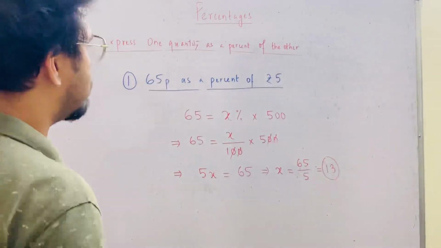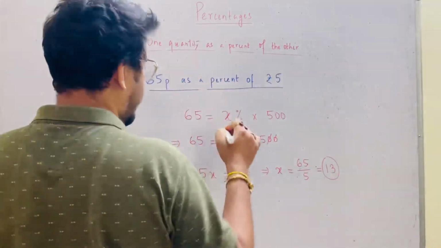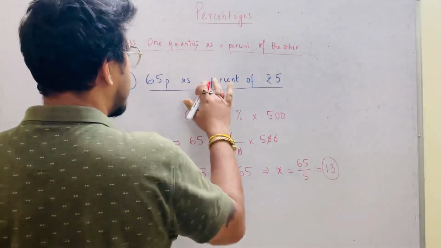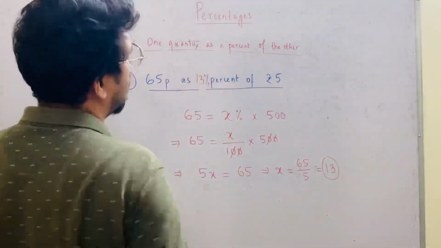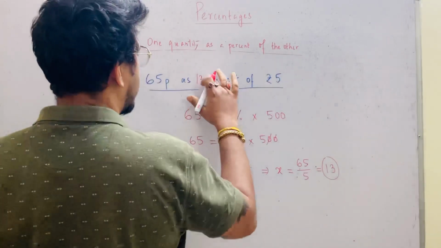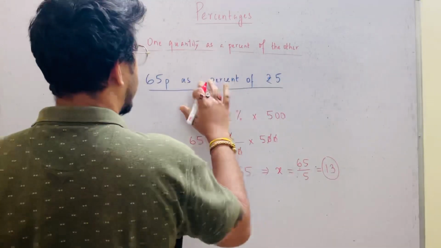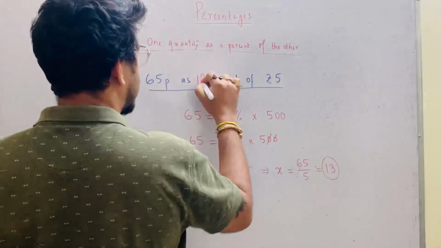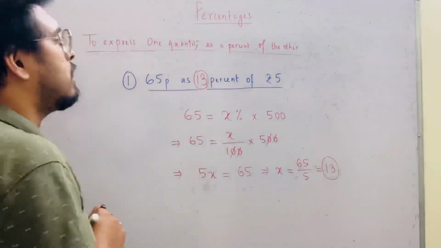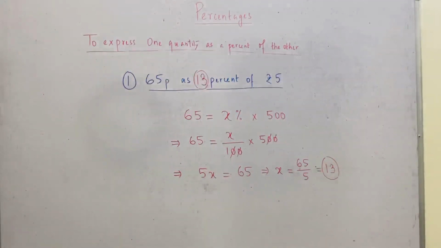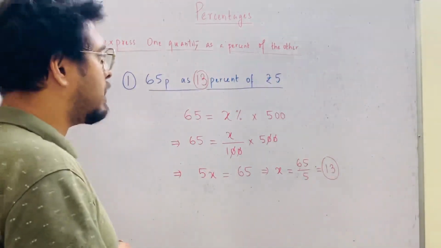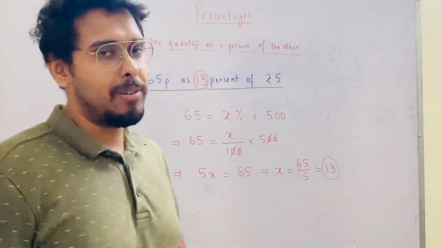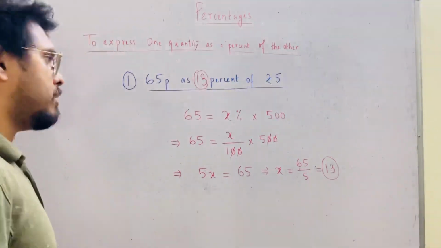So what is the result? 65 is 13%. Since you have already given percent, I'll just put the value. 65 is 13% of rupees 5. That is the answer of the first question.